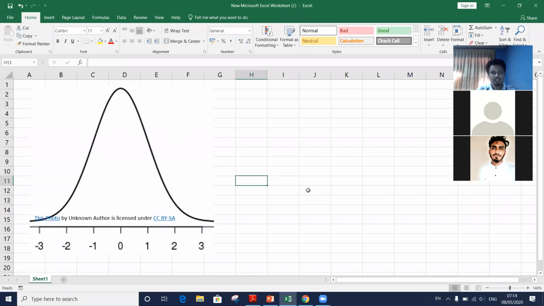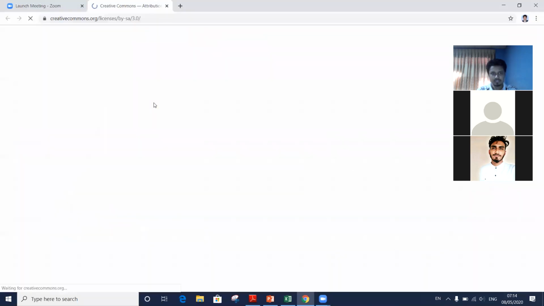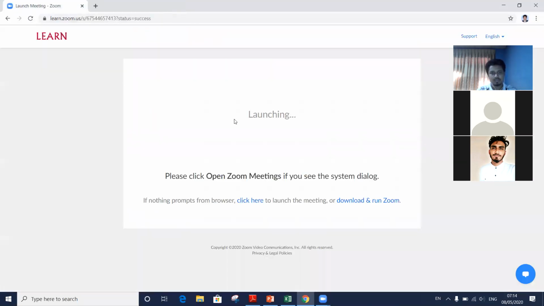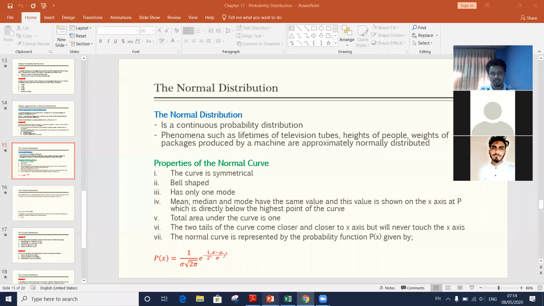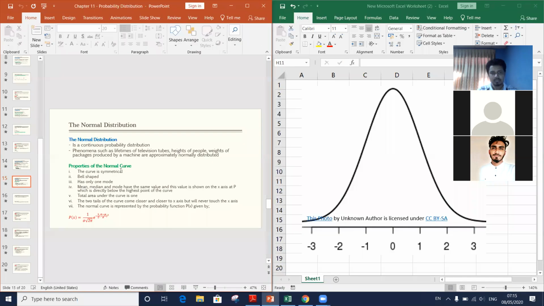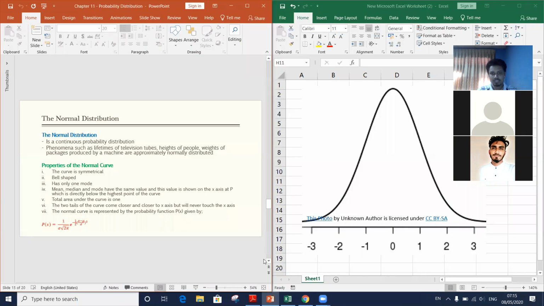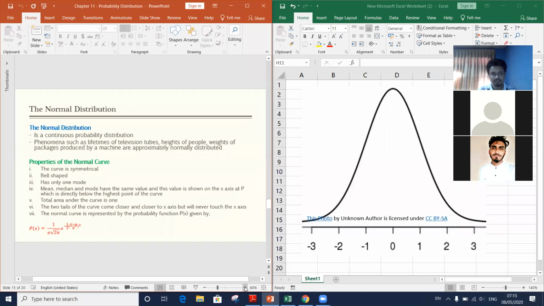Right. By looking at this one, what can you say about its properties? Properties, නැත්නම් මේ characteristics ගැන මොනවද කියන්න පුළුවන්? About normal distribution. Right?